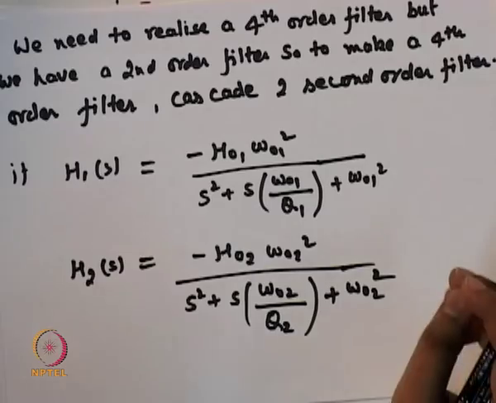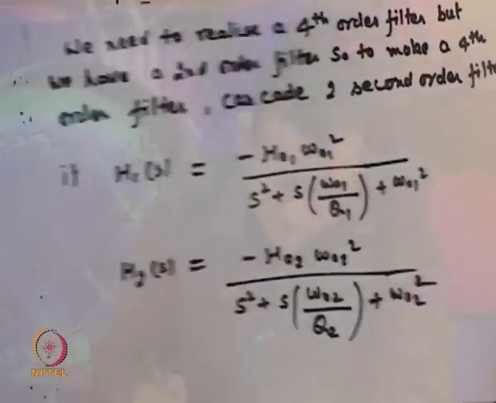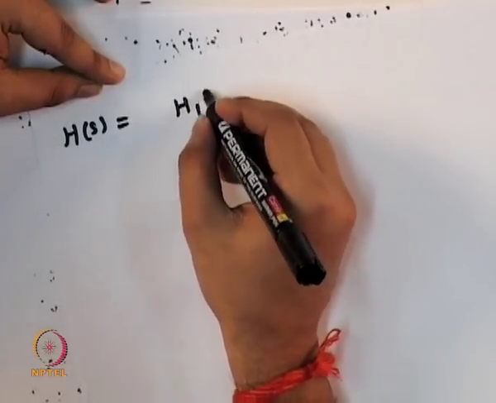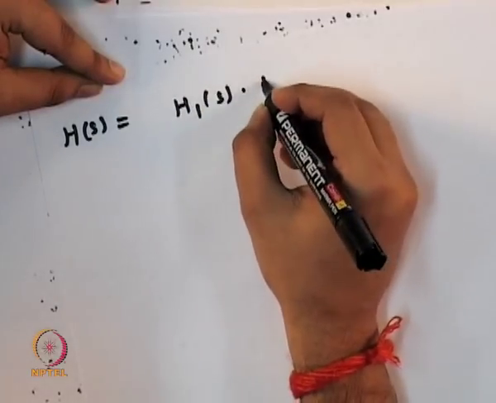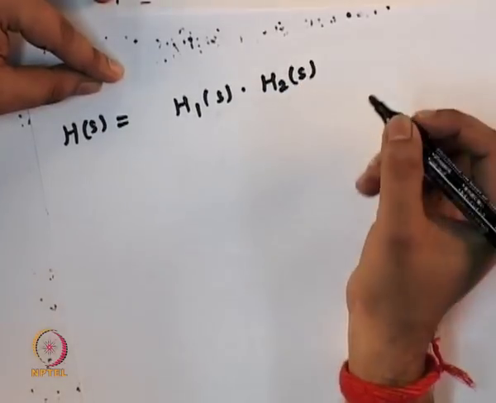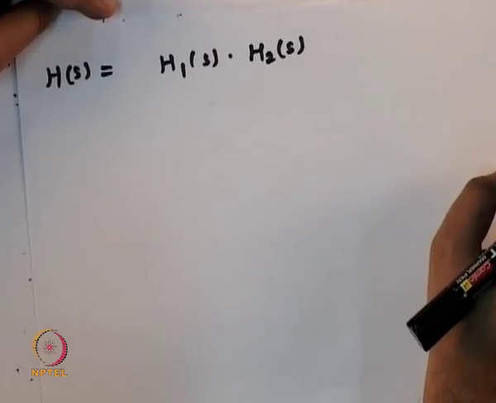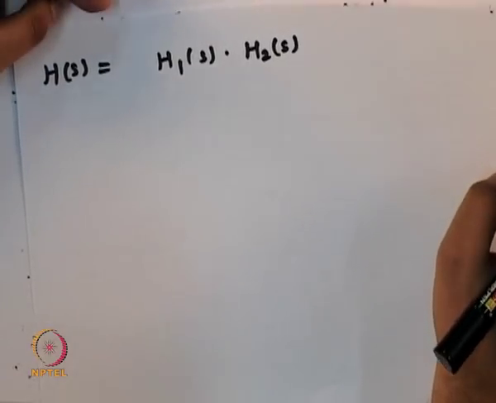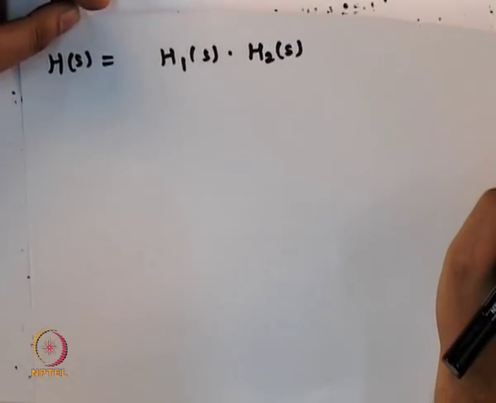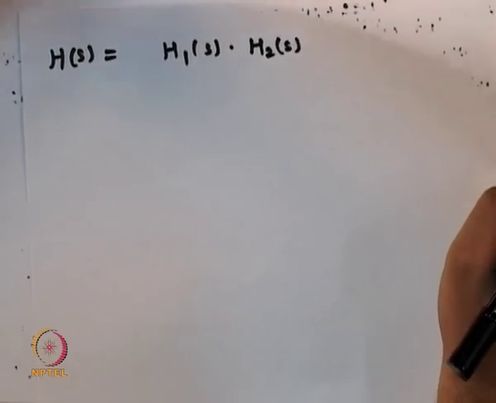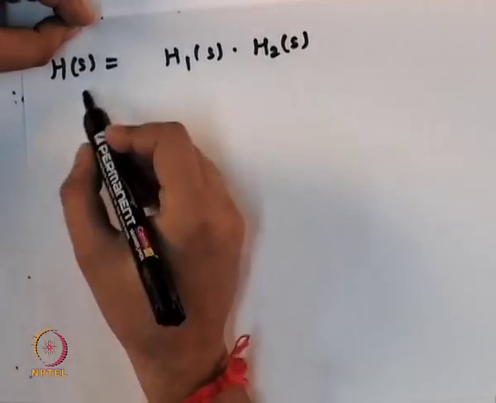So the cascaded system will have H(s) equal to H1(s) into H2(s). This is the basis of our cascade filter. So we will design two second order filters and cascade them to find the overall H(s).